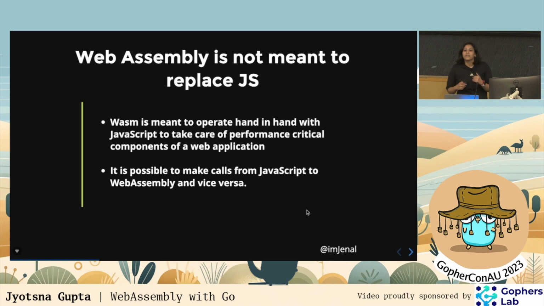On the other hand, it has come as a companion to JavaScript. It will do the heavy lifting jobs that JavaScript cannot do at a high performance speed, right? And yes, we can call WebAssembly functions from JavaScript and JavaScript functions from WebAssembly, and vice versa. We'll see how we can do that today.